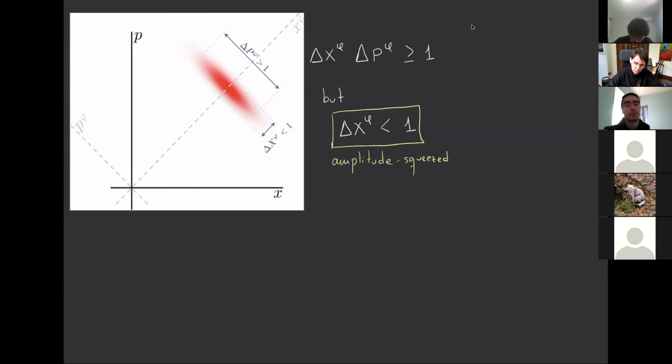And of course, what happens now is that if the signal that we were encoding has this modulation amplitude, now our oscillator, when coupled to the signal, will be modulated going back and forth between these two points. Now you see that while before it was masked by quantum uncertainty, now it's not anymore.